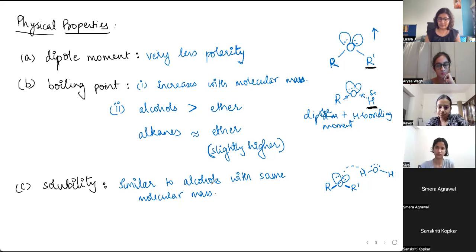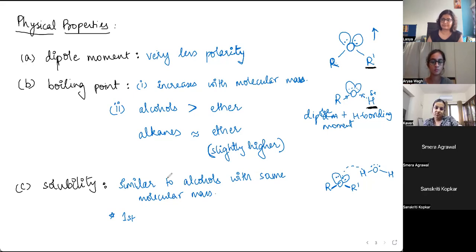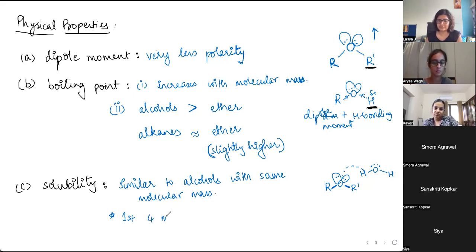Solubility of ethers is similar to alcohols. Diethyl ether's solubility will be similar to butanol's, and dimethyl ether's will be similar to ethyl alcohol's. Following that pattern, the first 4 members are miscible in water, meaning they can dissolve and mix in water, but as the carbon chain increases, the solubility decreases by a lot.